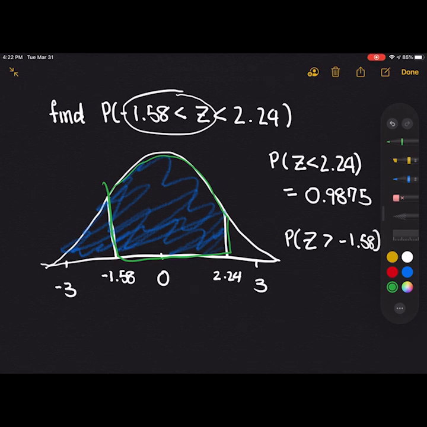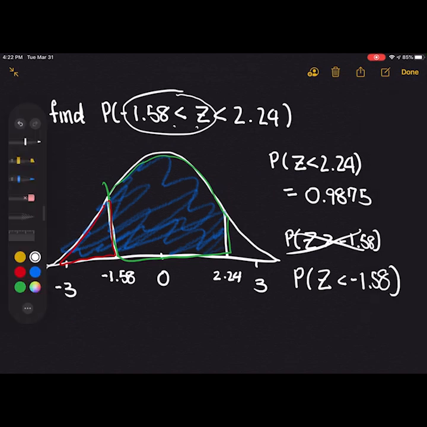So if you want to find what's in here, and we've already found what the blue is, what we have to try to find is this. So this question doesn't read like P. I know it looks like it says z is more than negative 1.58, but in order to find this area under the curve, we're trying to find z is less than negative 1.58.